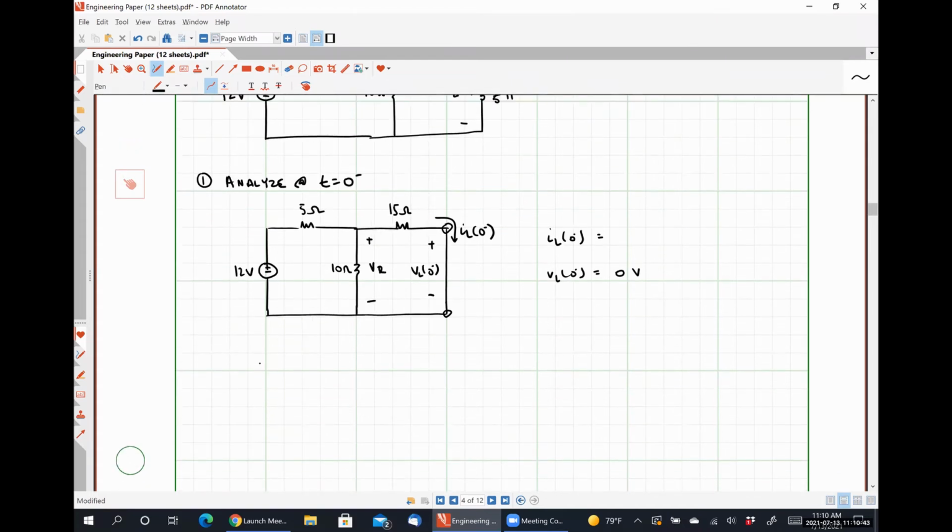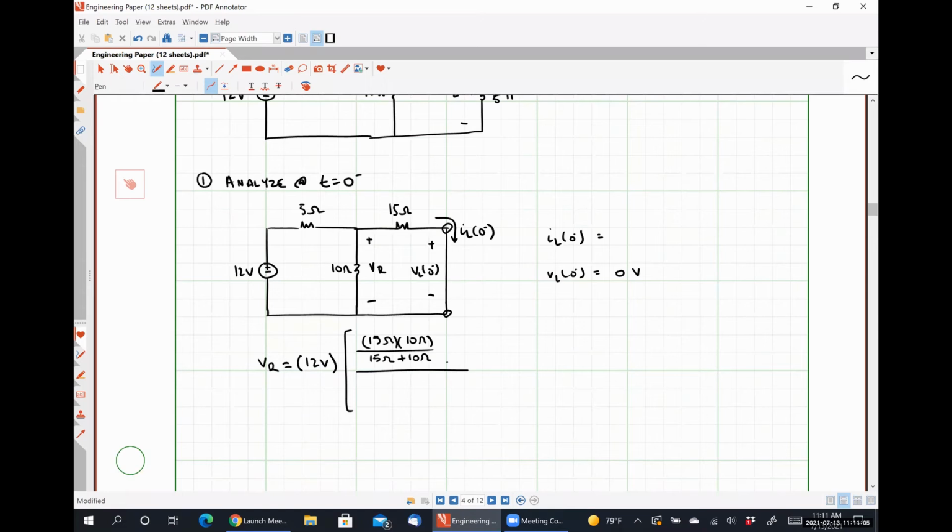So using voltage division, VR would be 12 volts multiplied by 15 ohms times 10 ohms over 15 ohms plus 10 ohms.